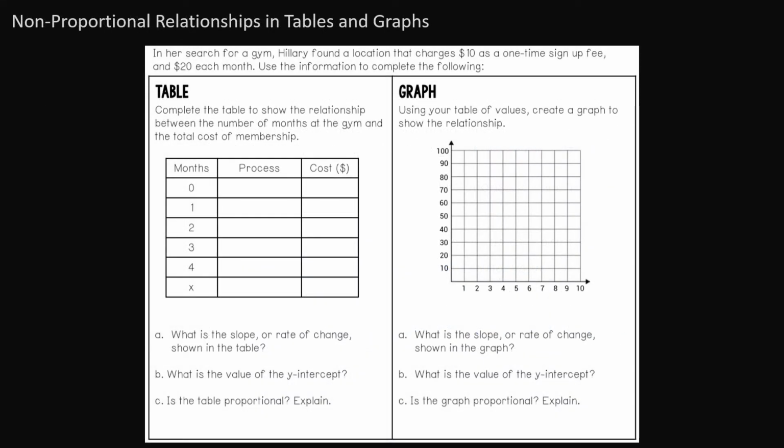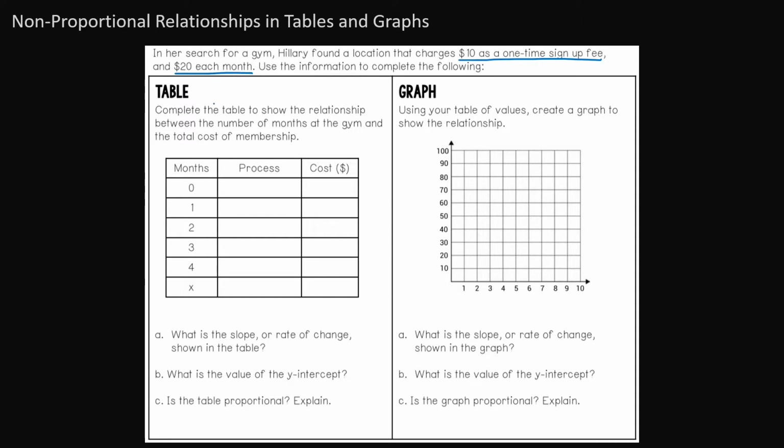So let's take a look at non-proportional relationships in tables and graphs and how they differ from proportional relationships. So let's take the same scenario we were looking at a few lessons back, and let's talk about Hillary. In her search for a gym, Hillary found a location that charges $10 as a one-time sign-up fee and $20 each month.